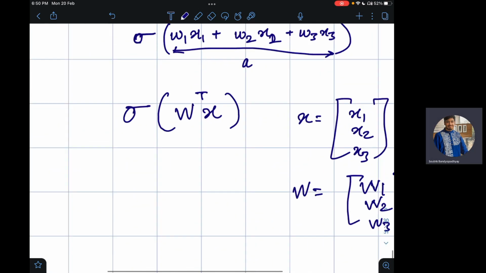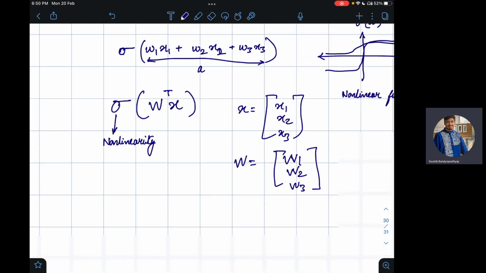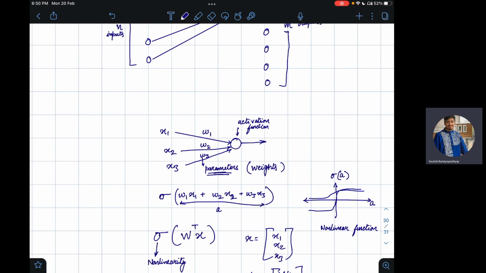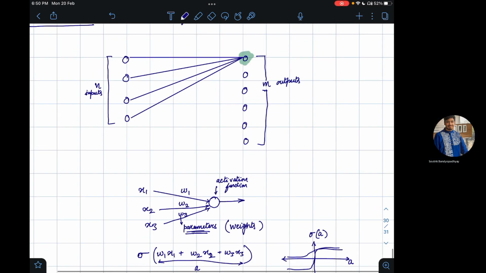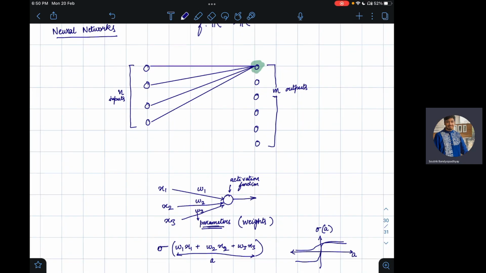This nonlinearity over here is very powerful because it has been shown in the neural network literature that stacking these nonlinearities one after the other enables us to learn any kind of function known to the universe.